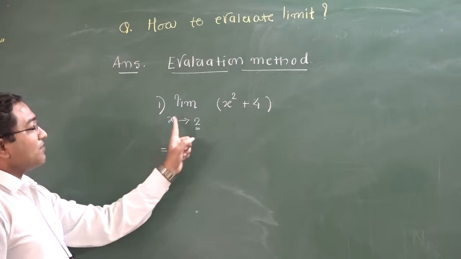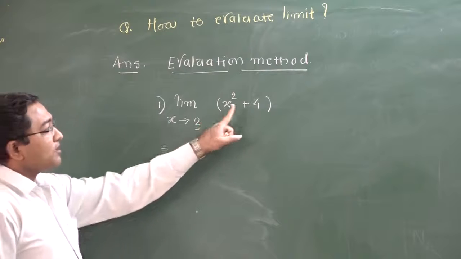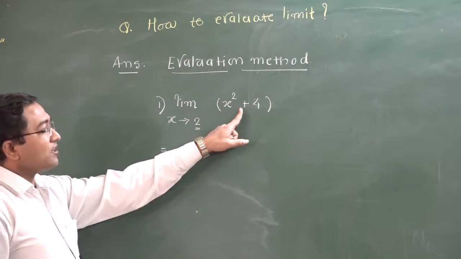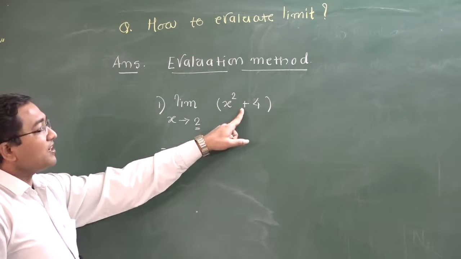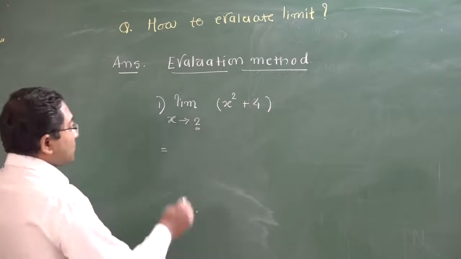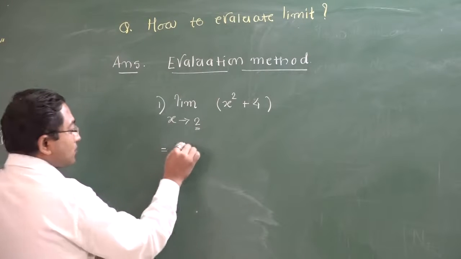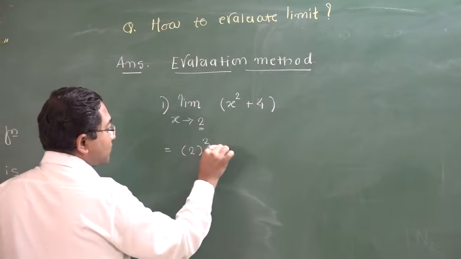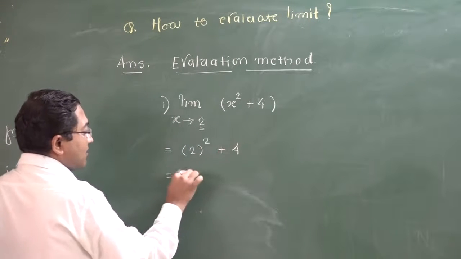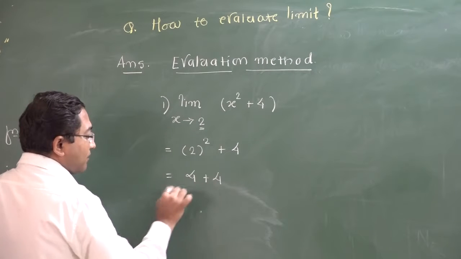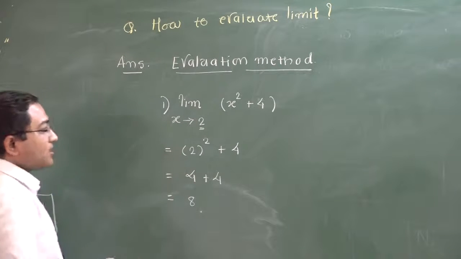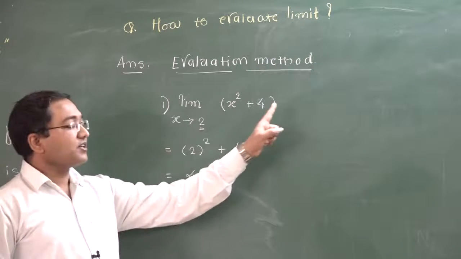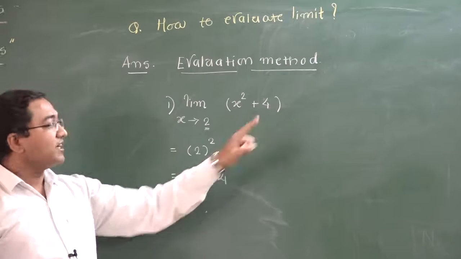Therefore, when we substitute x equal to 2, the function gives a finite answer. So there is no need for further factorization. So 2 square plus 4 is nothing but 4 plus 4 equal to 8. That is the first case, when the given function doesn't have any denominator.